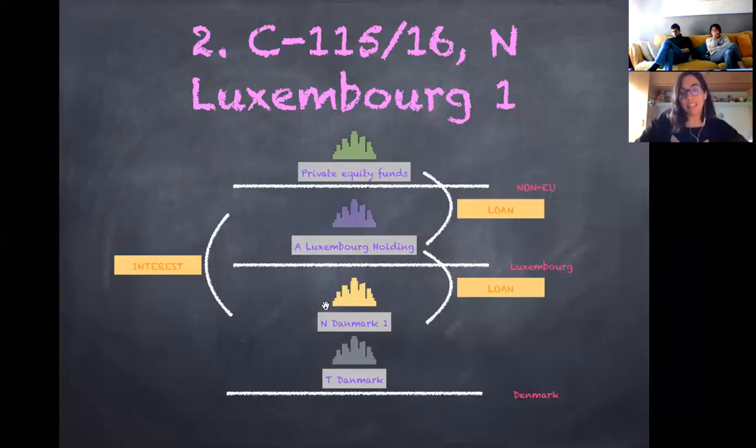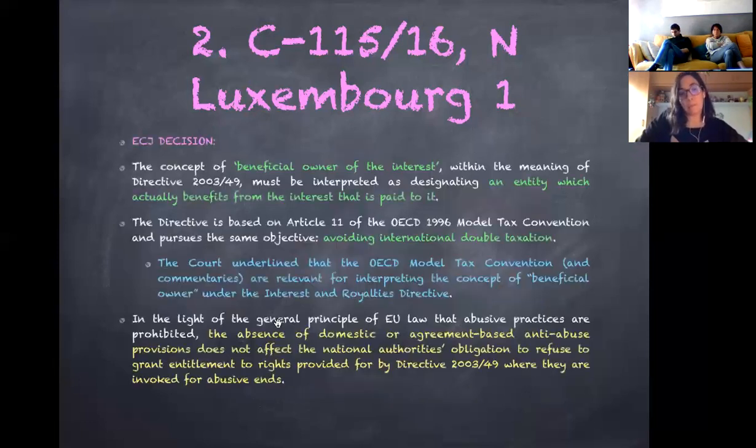The problem here was that, in the opinion of the tax authority, the beneficial owner was the private equity funds located in a non-EU country instead of the Luxembourg holding. With this situation, the ECJ decision was the following.